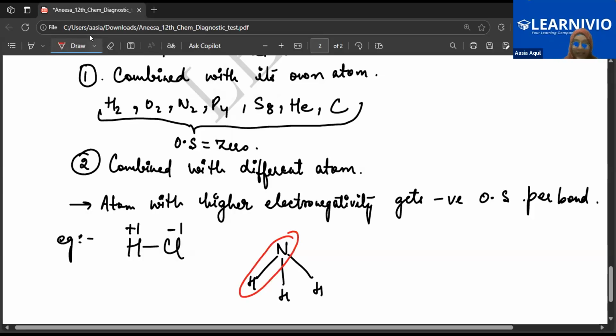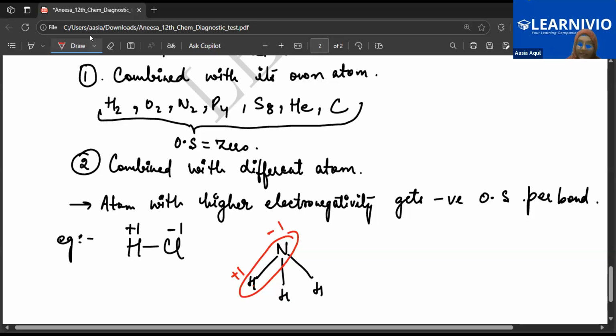This N-H bond. We know that nitrogen is more electronegative than hydrogen. Obviously, nitrogen will acquire -1 charge and hydrogen will acquire +1 charge. That means the oxidation state of nitrogen in this bond, per bond. I'm just talking about the per bond, not for the whole ammonia.